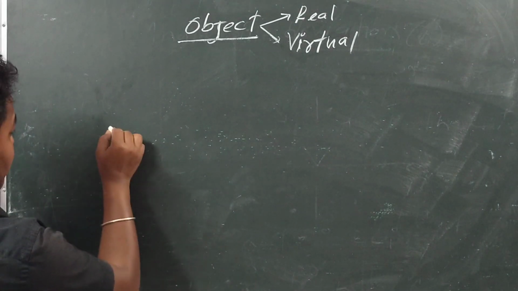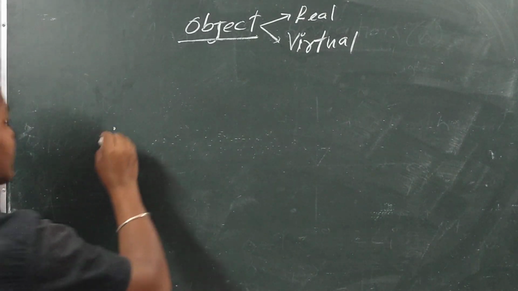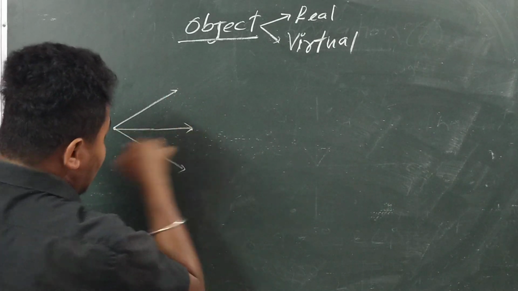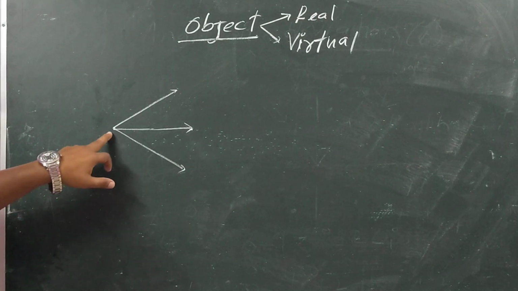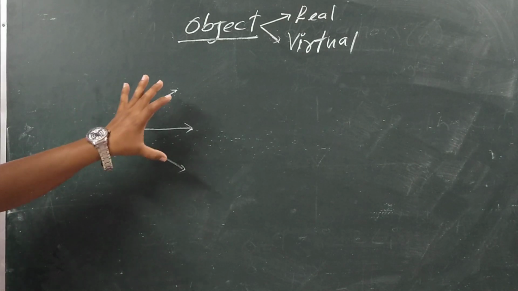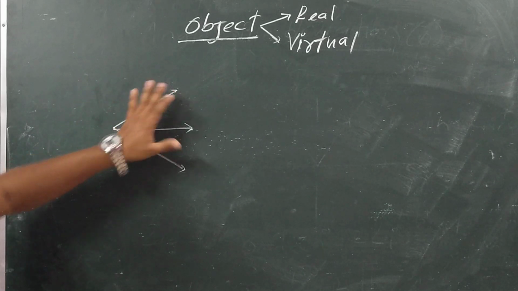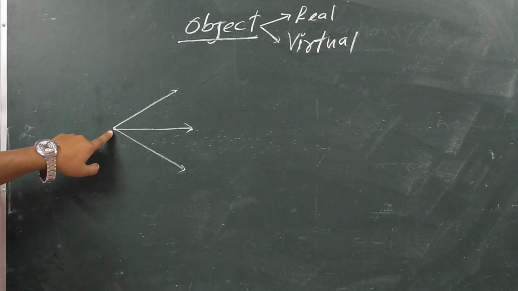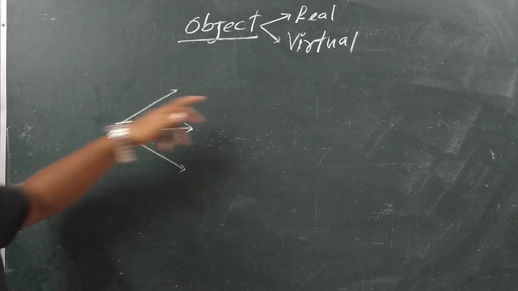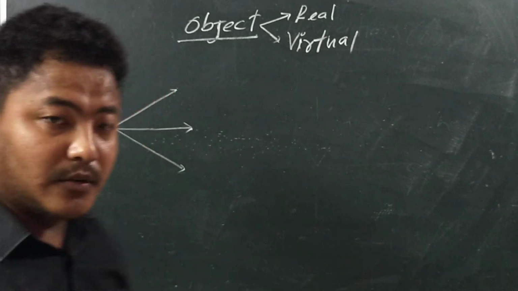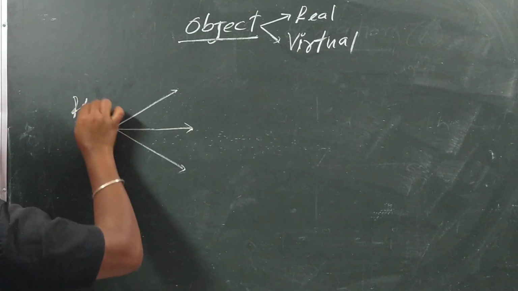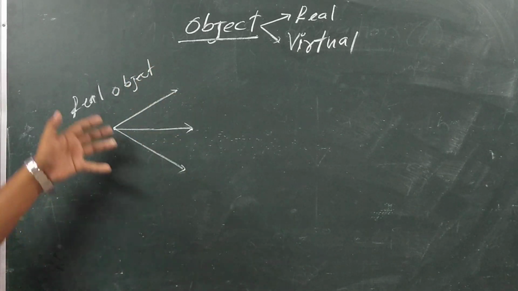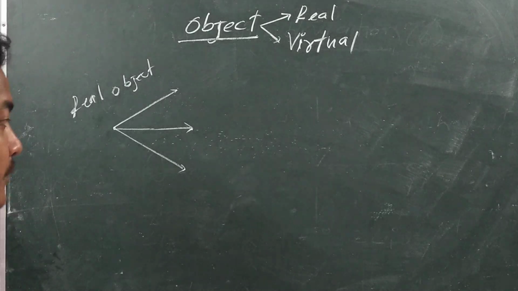If I consider this is an object and this object is diverging the rays of light this way, what is happening in this case? You can clearly see that these rays of light have diverged. So if you consider this is the object which has been diverging the rays of light, then it will become a real object. This is your real object. Why real object? Because it has been diverging the rays of light.